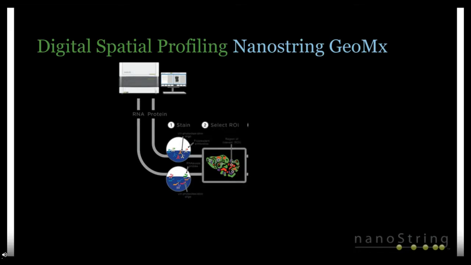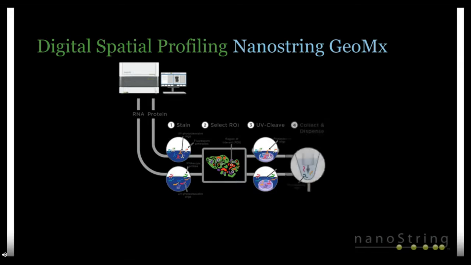We put the slide in the instrument, and the slide scans the fluorescent morphology stain, and you use this morphology image to select regions of interest that you are going to target to profile the barcoded panel that you've added. The instrument will then iterate around the ROIs you selected, irradiating with UV, cleaving those UV linkers, and releasing the barcodes into suspension, which are then aspirated off the slide and into a collection plate.